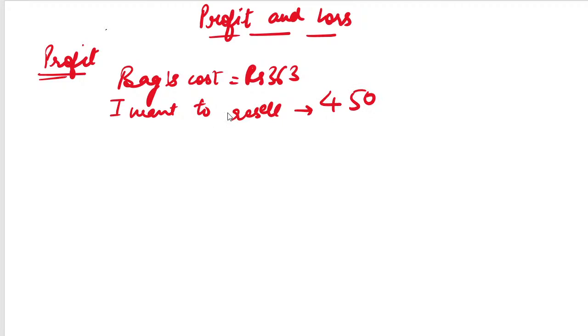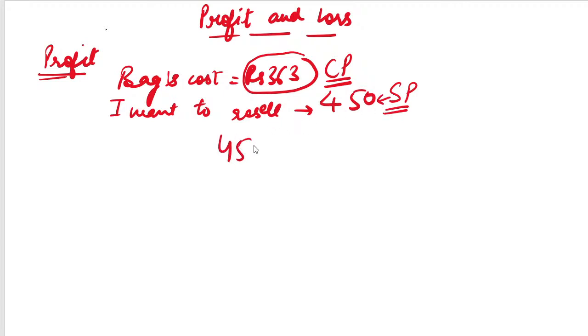So what is the cost price here? What is the selling price here? So the bag's cost is 360 exactly. That is, the cost price of the bag is 360, and I want to resell this bag in rupees 450. That means that it is the selling price. I want to sell this bag in this amount.